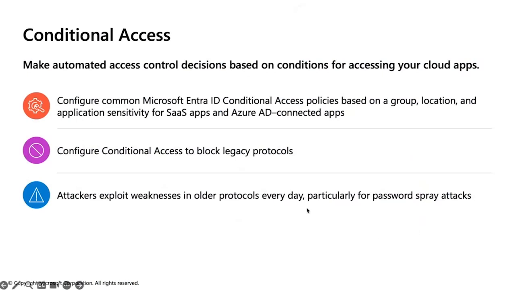So conditional access is very helpful, not only to decide how I want to enable access to my SaaS applications and connected applications, but also if you want to block legacy protocols, or enforce something in my organization, like MFA should be enabled for everyone, or other settings.